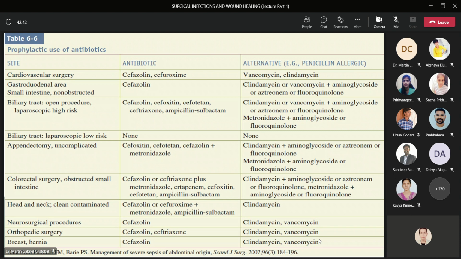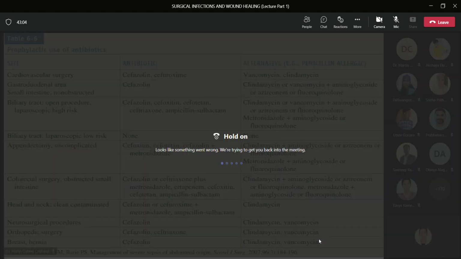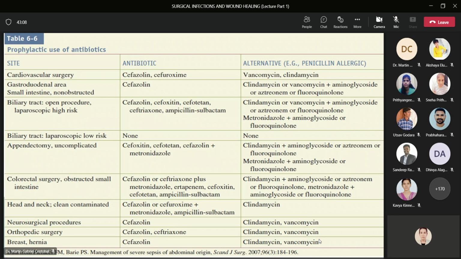An alternative is clindamycin plus an aminoglycoside, aztreonam or fluoroquinolones, or metronidazole plus an aminoglycoside or fluoroquinolones. In head and neck surgeries, we usually give cefazolin, cefuroxime, clindamycin, and vancomycin as an alternative.